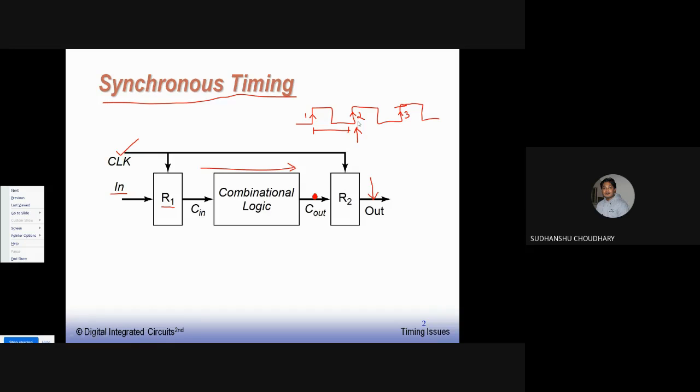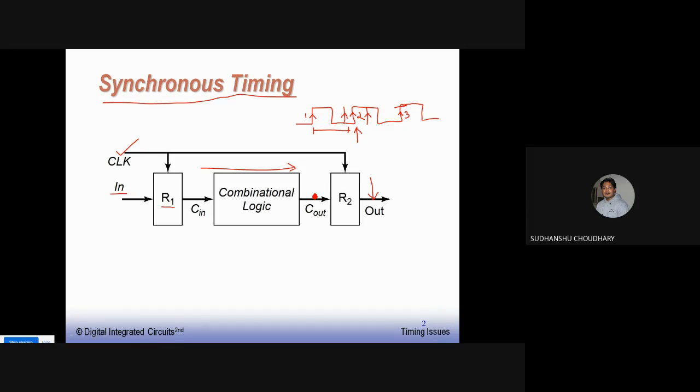Now, because of clock mismatches, it is possible that the second edge arrives late, maybe here, or it can also arrive early, maybe here. Then there is a problem.